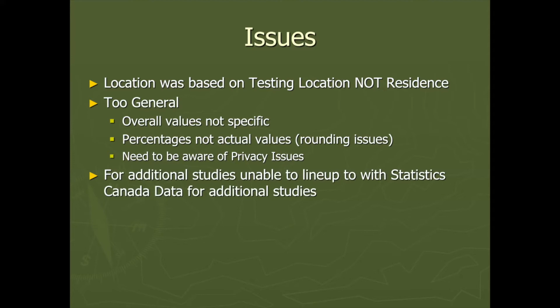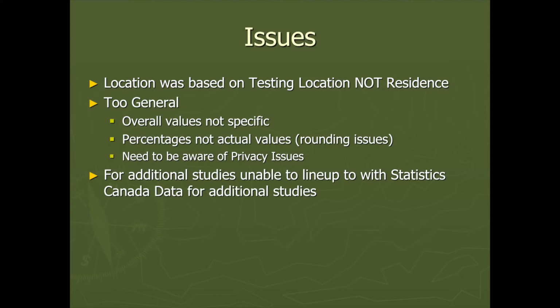One of the other issues, not so much for now, but perhaps for later studies, is that the boundaries for the health authority zones actually don't match up with Statistics Canada data exactly. So a lot of places are very close or very similar, but not always. And this is important because Statistics Canada has a lot of information about the population.